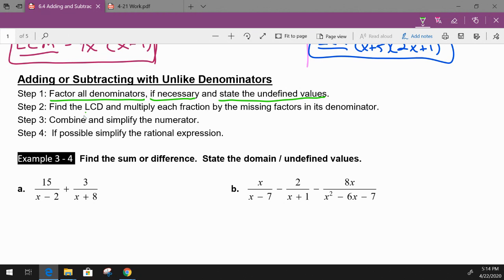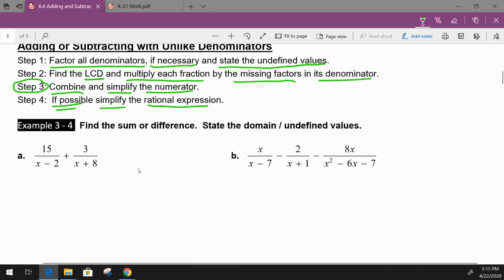Then find your least common denominator, which again is your least common multiple, same thing. And then multiply each fraction by the missing factors in its denominator. Then we combine and simplify the numerator. And then, if possible, we can simplify the rational expression that we get after step 3. So you have to do step 3 before you can do step 4.